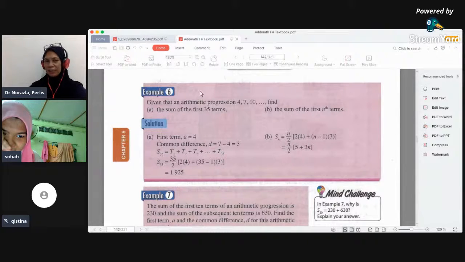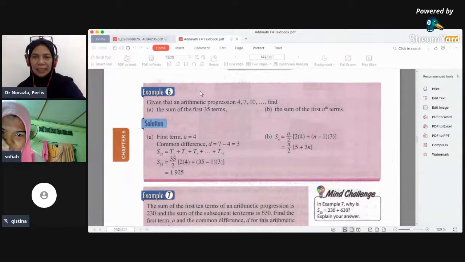So look at example 6. Given that an arithmetic progression 4, 7, 10 and so on. We need to find A, the sum of the first 35 terms. You need to know what is the meaning of the first 35 terms.